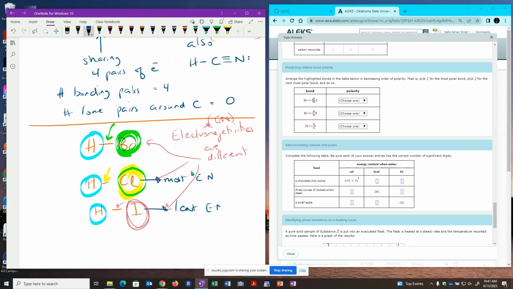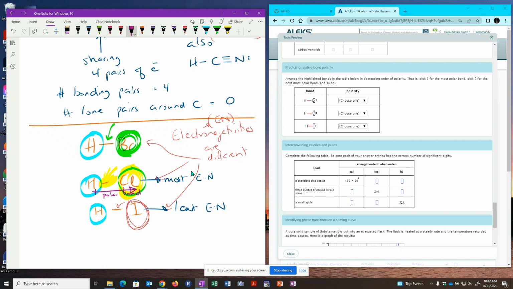So what does that mean in terms of how the electrons are being shared? Well, the higher the electronegativity, the stronger the shared electrons are being pulled. In the case of HCl, the electrons being shared between the Cl and the H are being pulled towards the chlorine more than they are around the H, right? So this bond is going to be a polar bond.